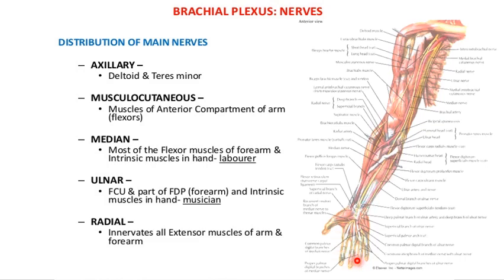The ulnar nerve here in the hand has most of its supply, supplying most of the intrinsic muscles of the hand except the thenar muscles and first and second lumbricals.